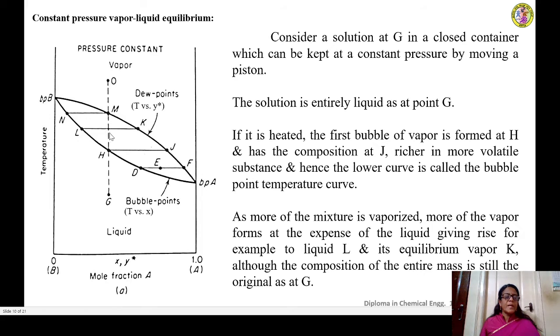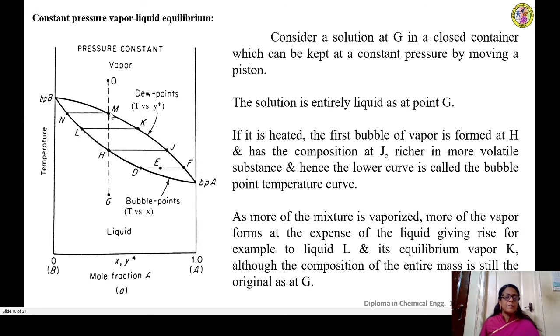So then it will be a mixture of vapor and liquid. For example, if you consider exactly this point, this point represents a vapor and liquid mixture that are at equilibrium with each other, and the liquid phase composition is given by point L and the vapor phase composition is given by point K.